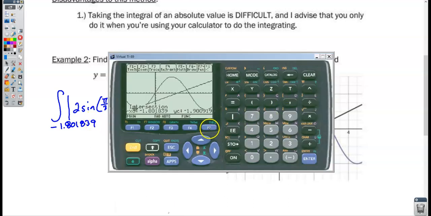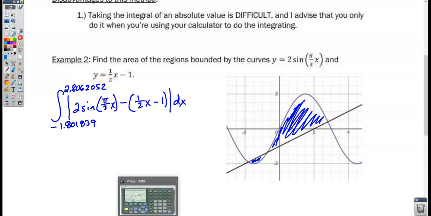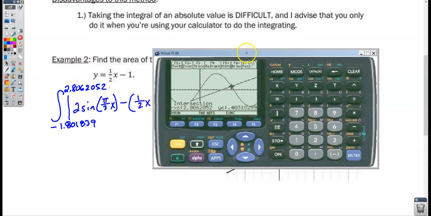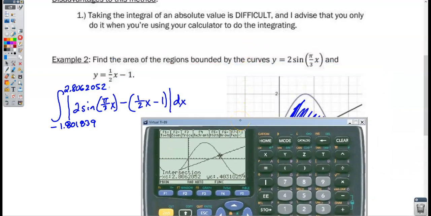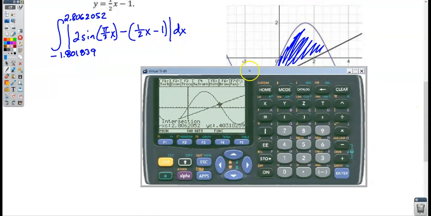And my upper limit of integration is going to be this endpoint all the way over here on the end. And we get 2.8062052 as our intersection point there. All right, and now we have everything we need to find the area of these two regions.